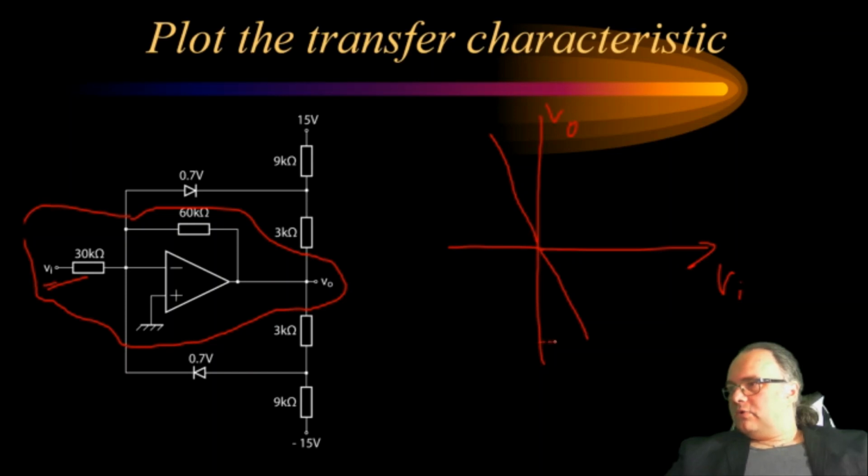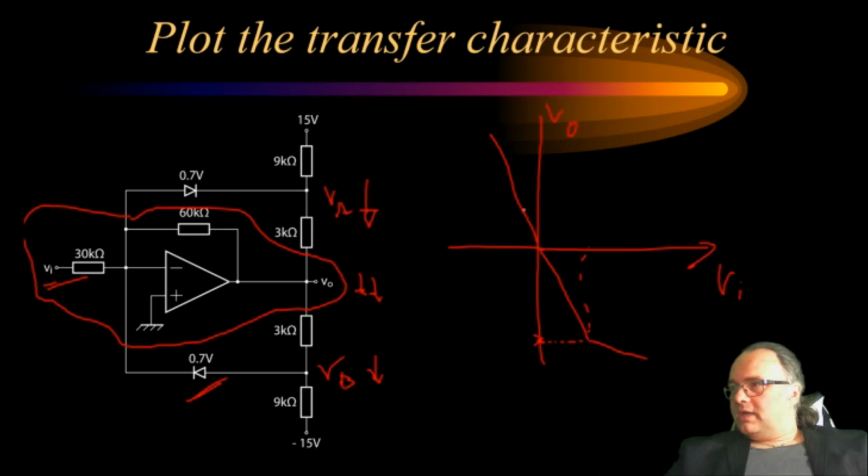At a certain moment, when the output voltage gets very low, this node VB gets very low, and this node VA gets very low. This diode is still off, but this diode can turn on, and then the gain drops.